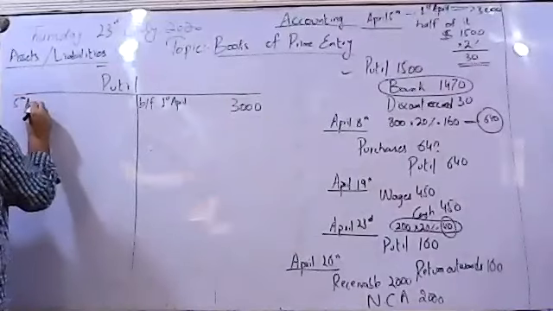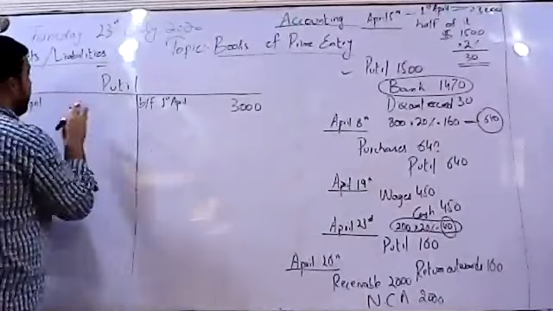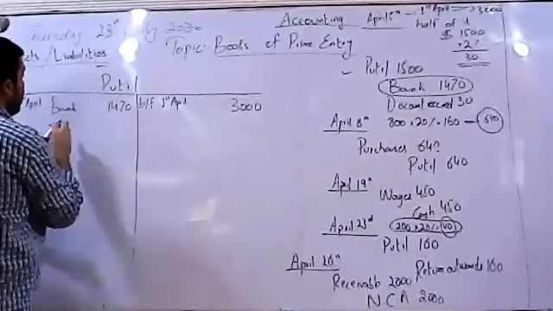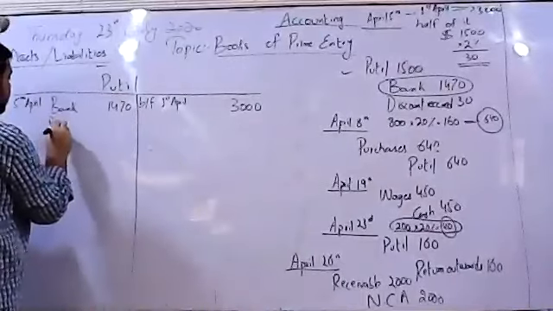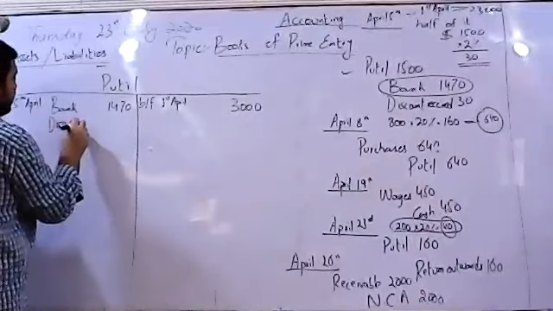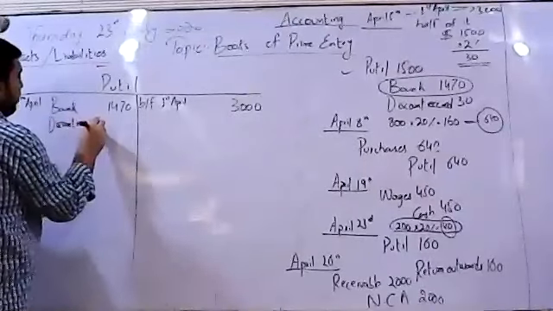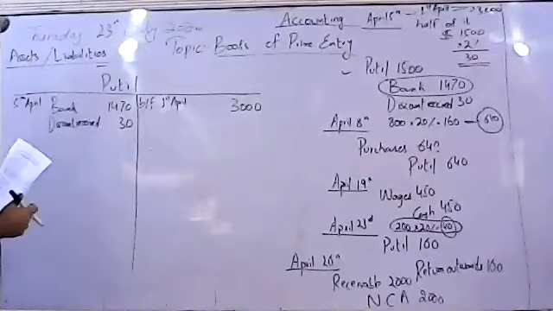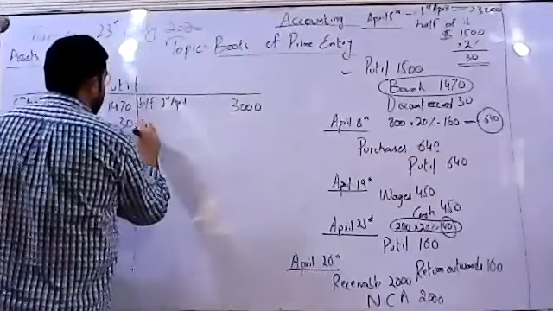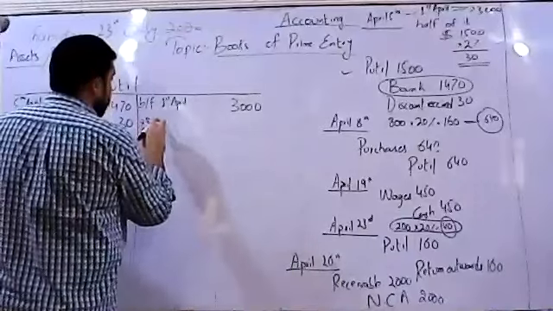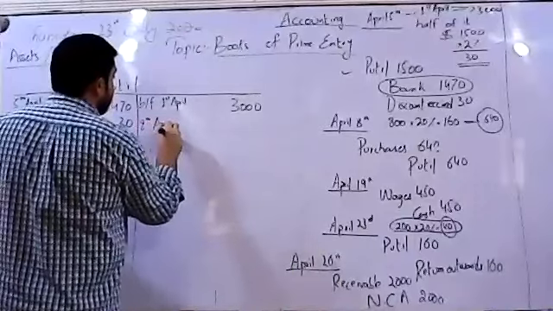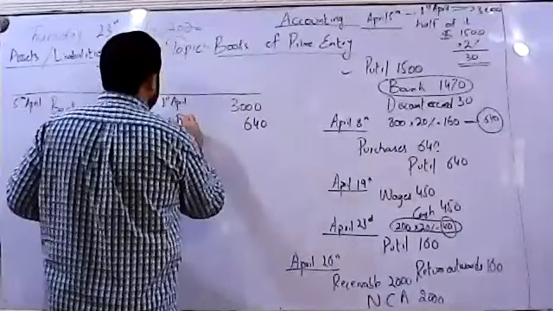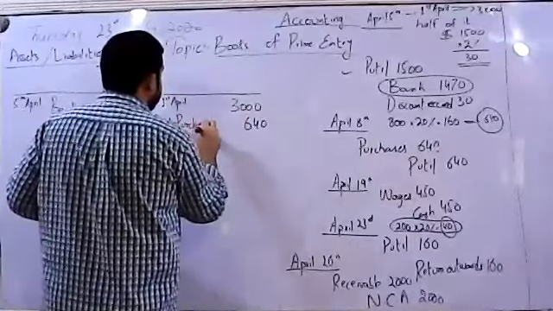On 5th April, Putel was debited because of bank 1470, because of discount received $30. Then on April 8th, Putel was credited 640 because of purchases.